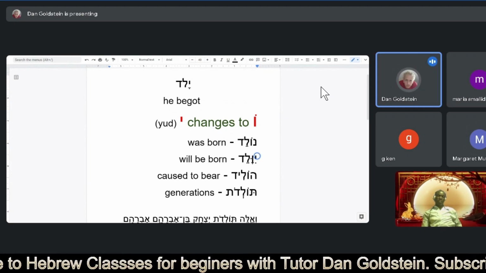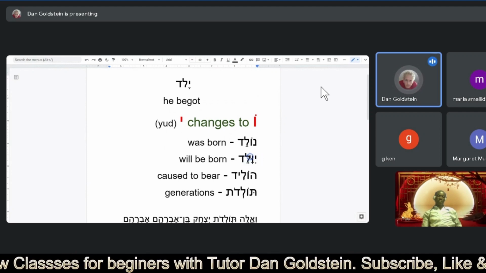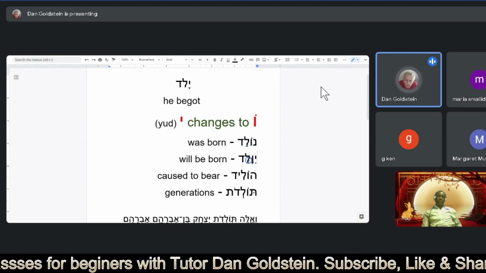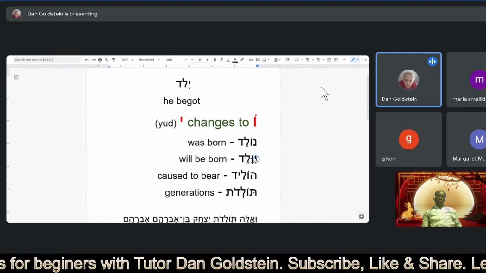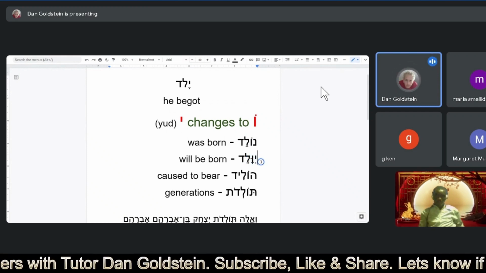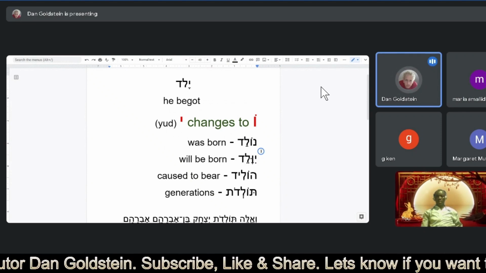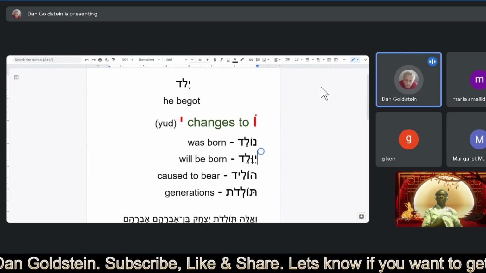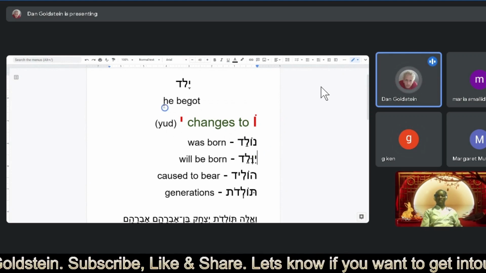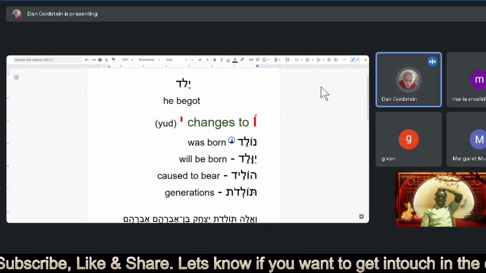It's the future tense. Yivaled. So now it's not even changing into a cholam, but into a vav. And this other yud is a marker of the future. These are fairly advanced concepts, and I just wanted to begin giving you a little bit of exposure to how the roots convert, how the roots transform in various ways.